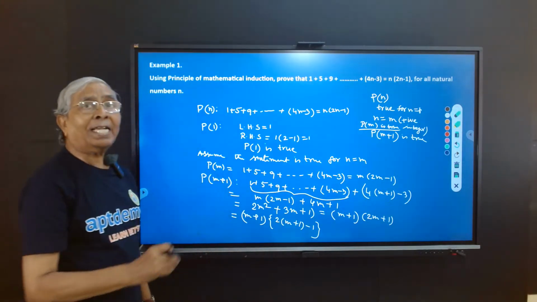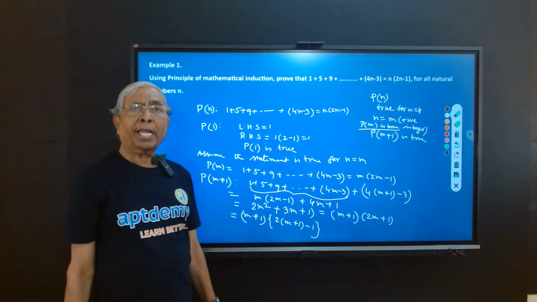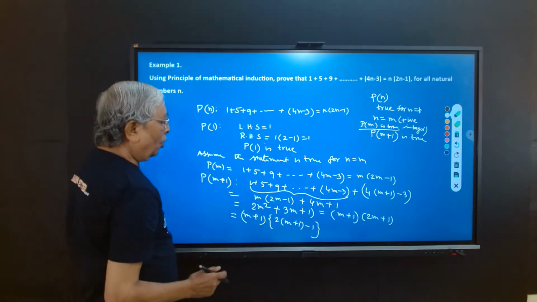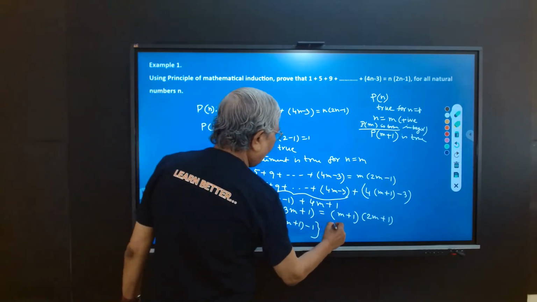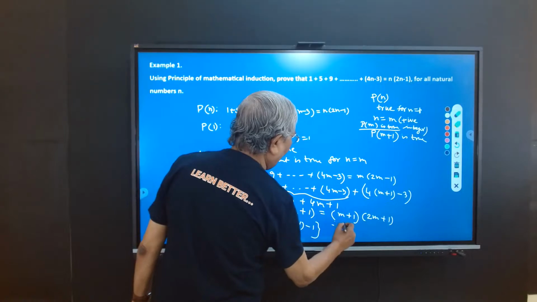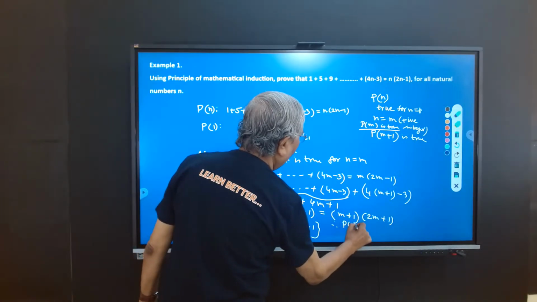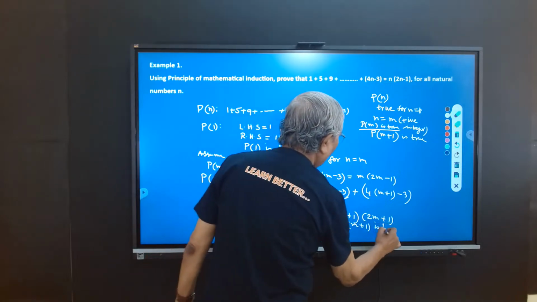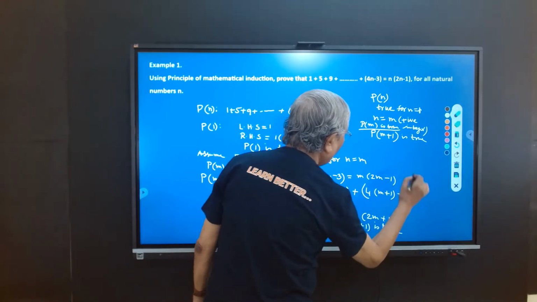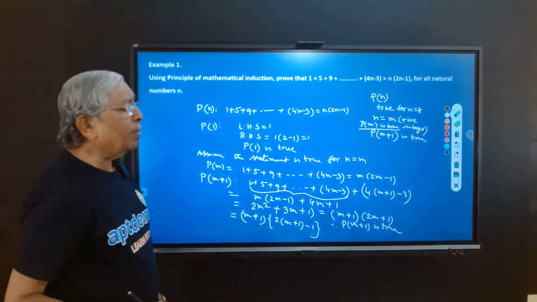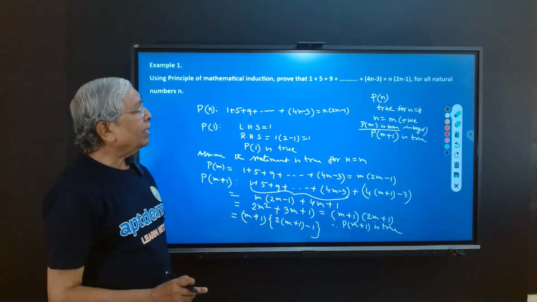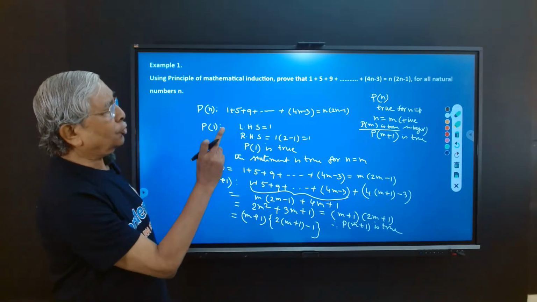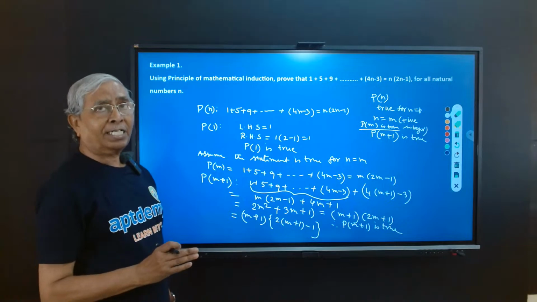So supposing that the statement is true for n equals m, we have shown that Pm plus 1 is also true. So by the principle of mathematical induction, Pm plus 1 is true. Supposing that Pm is true, we have shown that Pm plus 1 is also true.